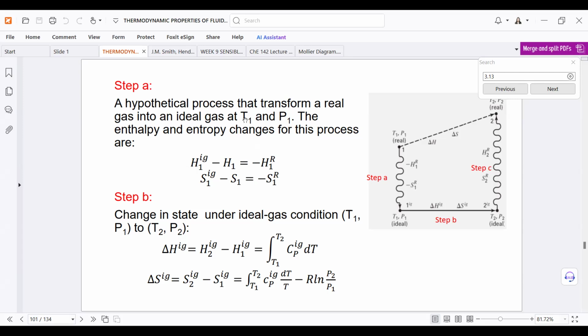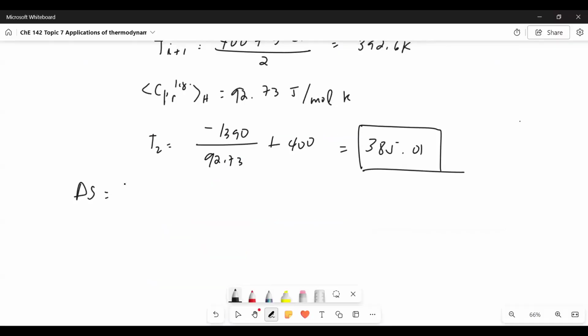Let me go back. Since the final temperature is unknown, we can't use the original equation. We replace it with CPS, the mean heat capacity for entropy calculation, ln T2 over T1 minus R ln P2 over P1. But what is CPS?